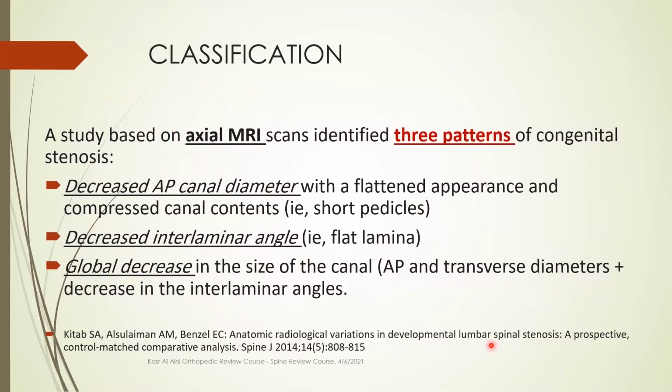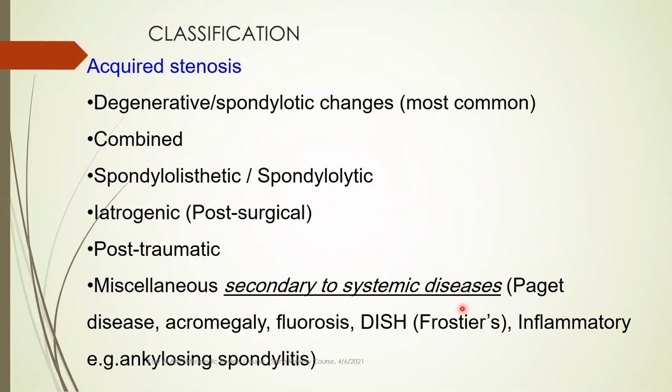A study based on axial MRI identified three patterns of congenital stenosis. The first with decreased anteroposterior canal diameter with flattened appearance and short pedicles, decreased interlaminar angle, and global decrease in the canal, narrow anteroposterior and transverse diameters, and decreased interlaminar angles.